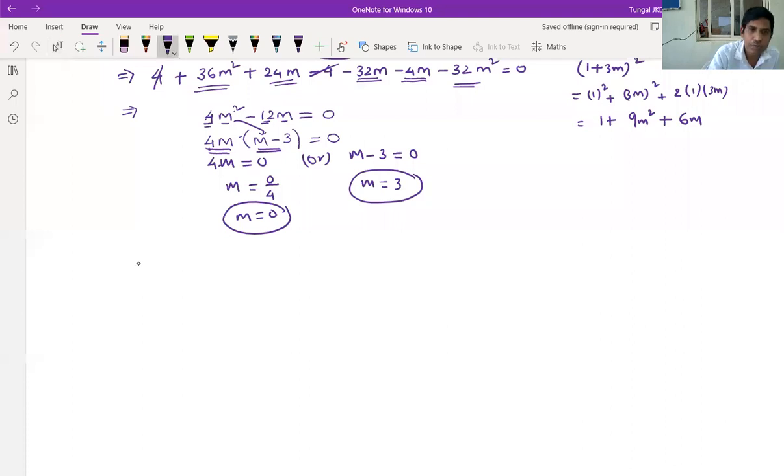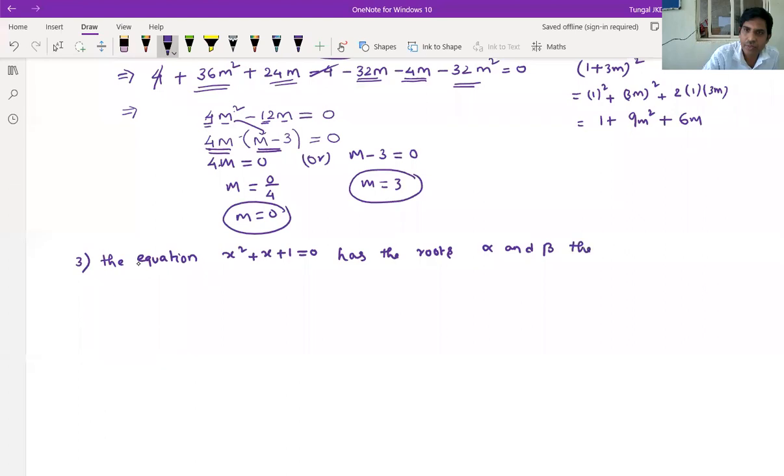Next question, observe. Question number 3. The equation x square plus x plus 1 is equal to 0 has the roots alpha and beta.